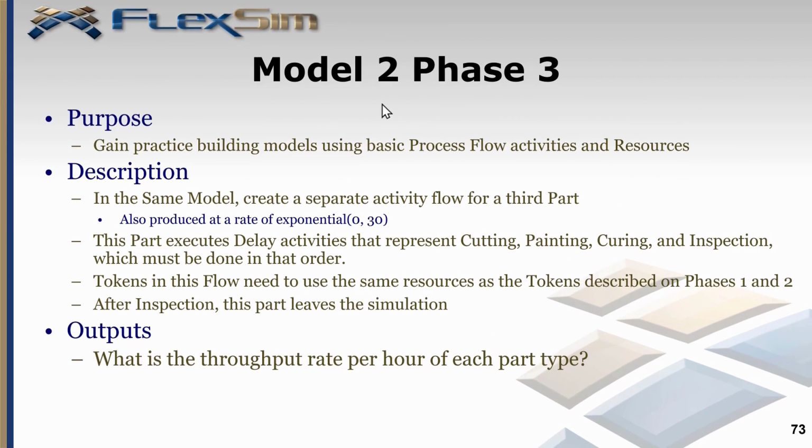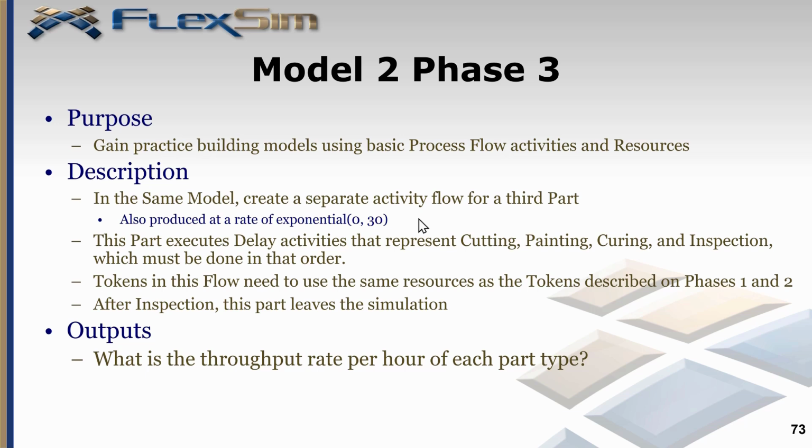Okay, we're going to add phase 3 to this model. Here's the description. Use the same model and then create a separate activity flow for a third part that's also produced at the rate of exponential 0, 30, like the other two parts. This part executes delay activities that represent cutting, painting, curing, and inspection, to be done in that order.